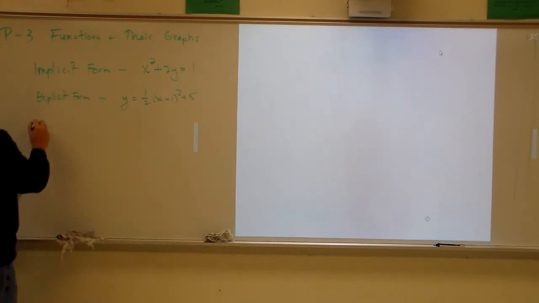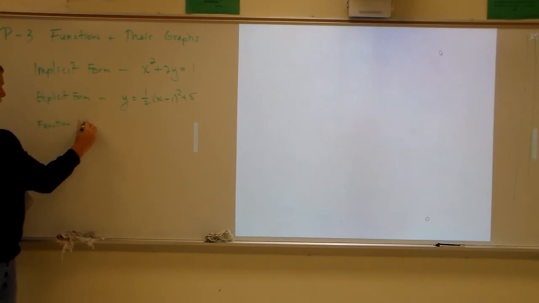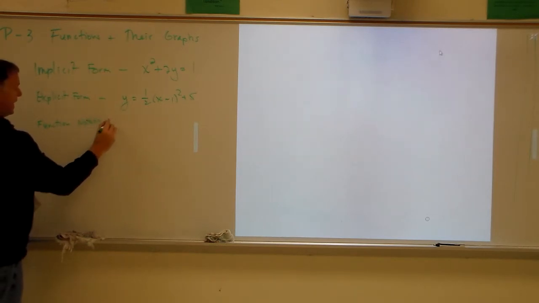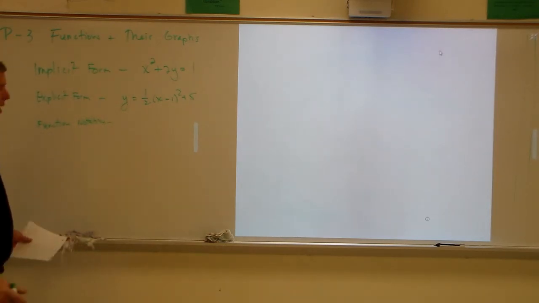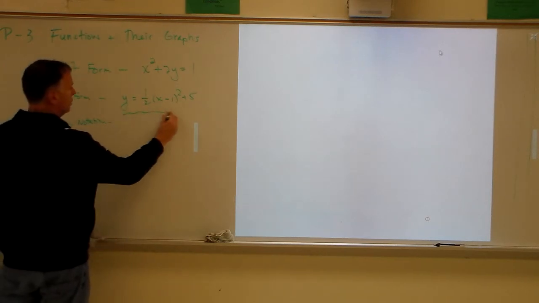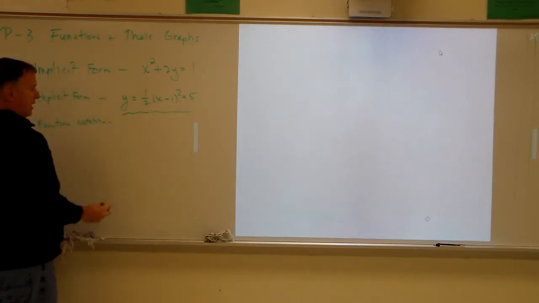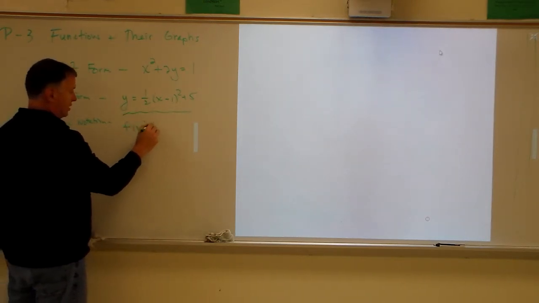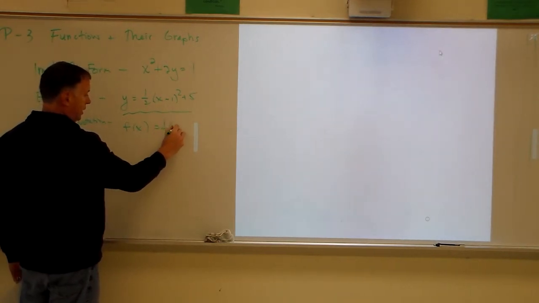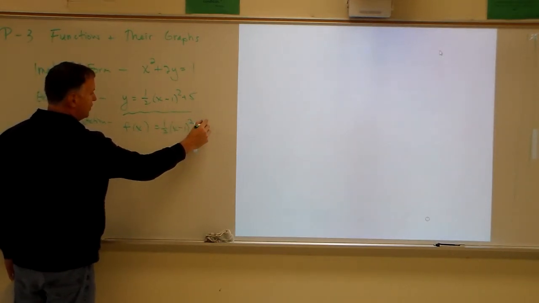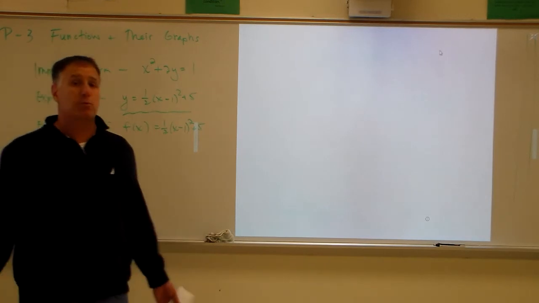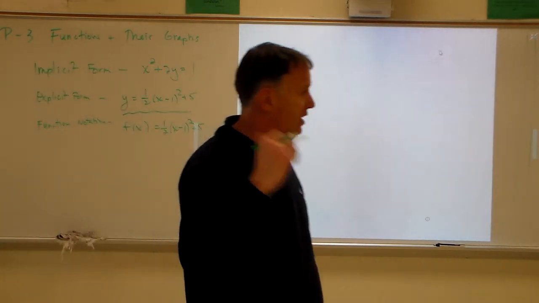And then we have what's called function notation. And it's just a fancy way to write an equation like this. You write f of x. It's a little bit more sophisticated. You'll see it in higher math. I'm sure you've seen it in pre-calc. You've seen it in algebra 2. For those of you guys that had me in algebra 2, you've seen it.